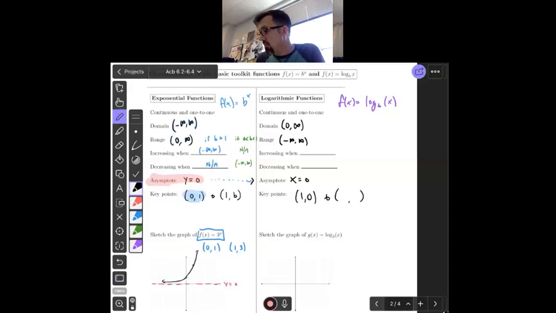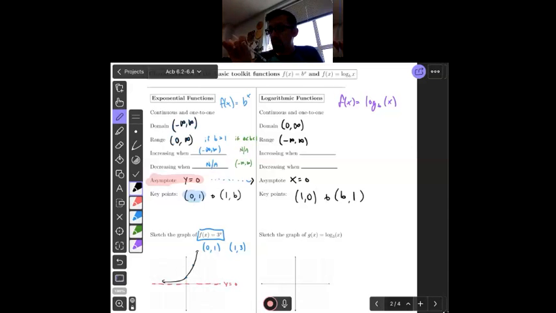Because they had flipped. So would it be (b, 1)? There you go. If it was (1, 0) and then (b, 0), those two different x values would give you the same y value, which means that function is not one-to-one anymore. Pretty bad.